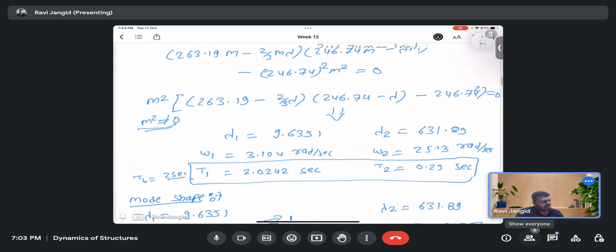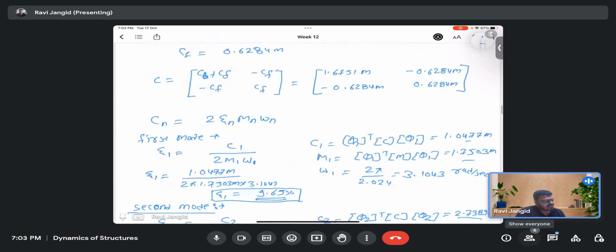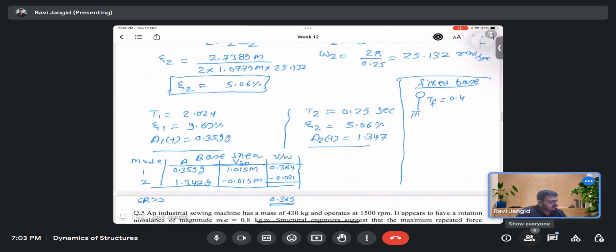Okay, so for the fixed base, my acceleration A(T) is 1.830g. Here the mass is m, so my base shear Vb would be m times that.